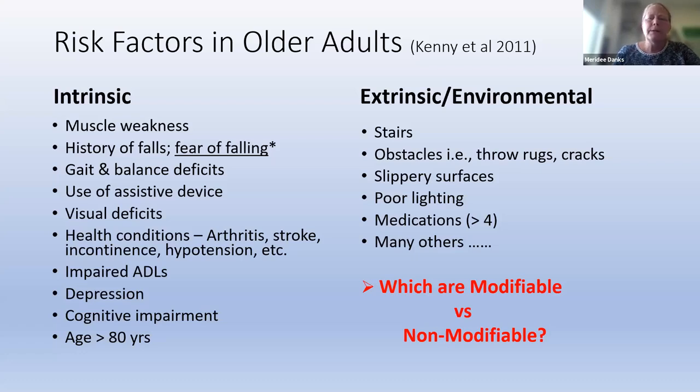Any gait or balance deficits would be a risk factor. Vision, and as we know, as we age, our vision tends to change, and people also get changes in the vestibular and sensory systems. A lot of times older people will rely on vision, and as it starts to fail, you will see problems with falls and balance problems.